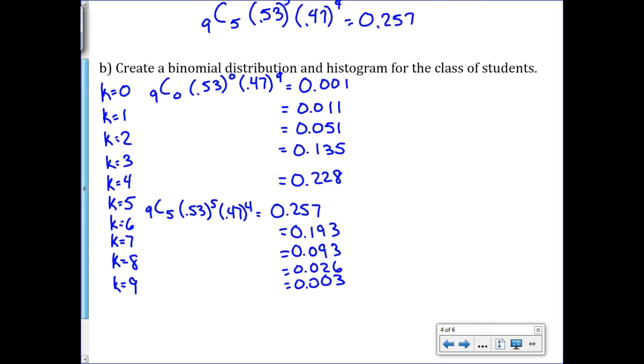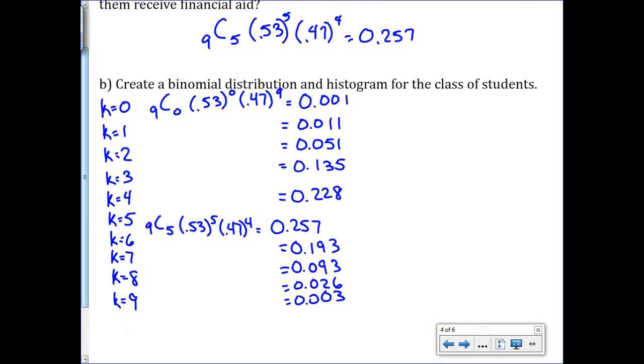Let me slide this so you can see all of those. There's k equals 0 to k equals 9. So our listing of all of those values is the binomial distribution.